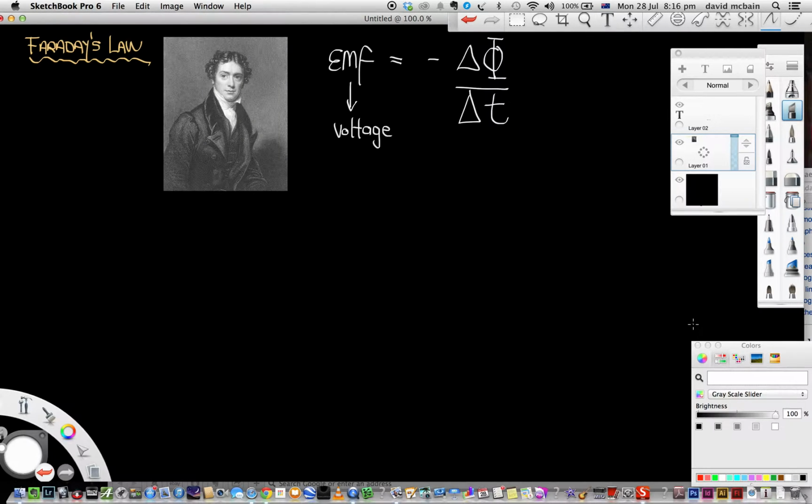Now, you have seen a few formulas like this. Probably we need to look at this one more closely than the others that we've seen in the past. So we need to draw a couple of points out of this relationship. The first point is that we'll only get an EMF if the flux is changing.